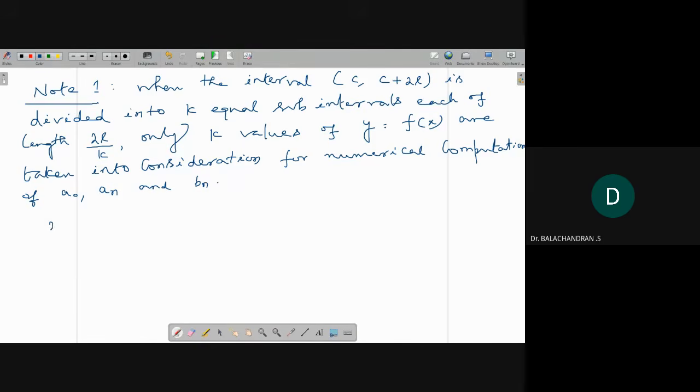Note 2: an cos n pi x by L plus bn sin n pi x by L is called the nth harmonic.